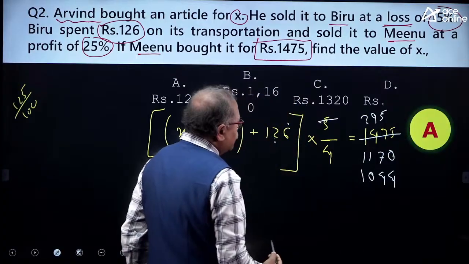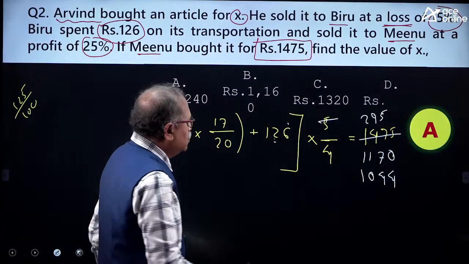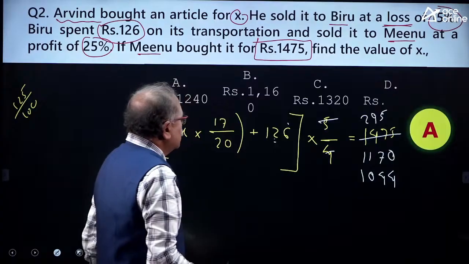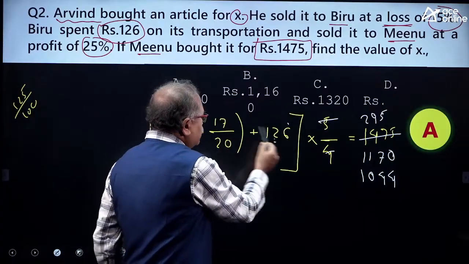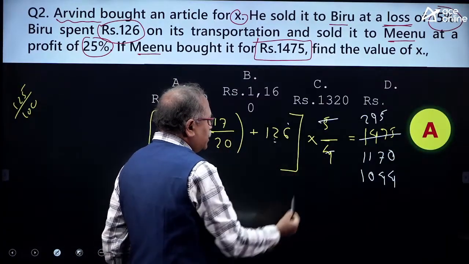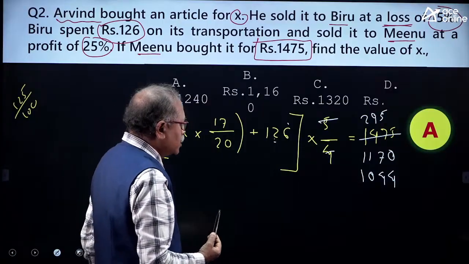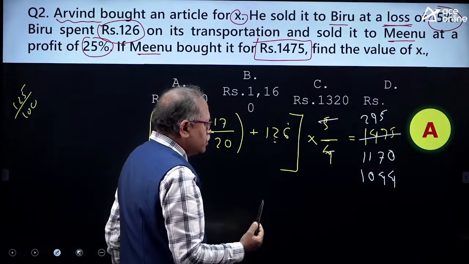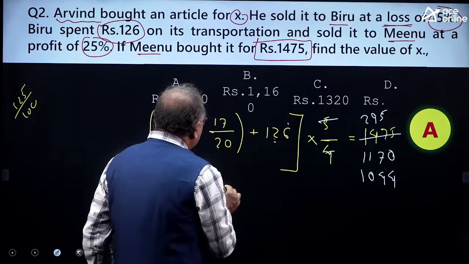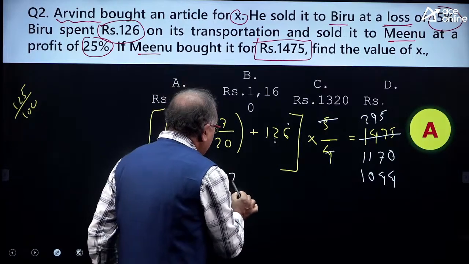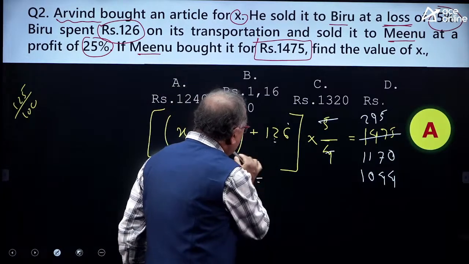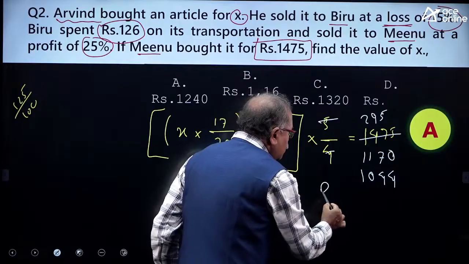I got this figure here. Okay, after this cancellation, I will cancel this with 17 and multiply with 20.